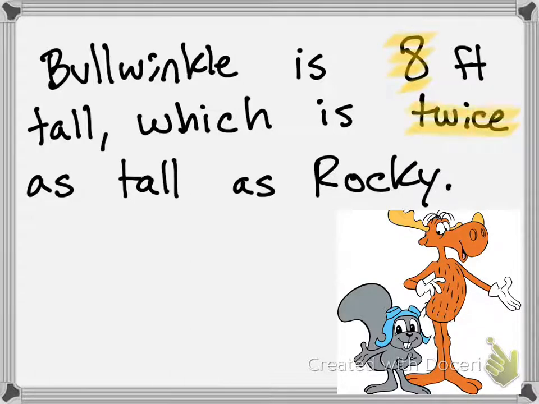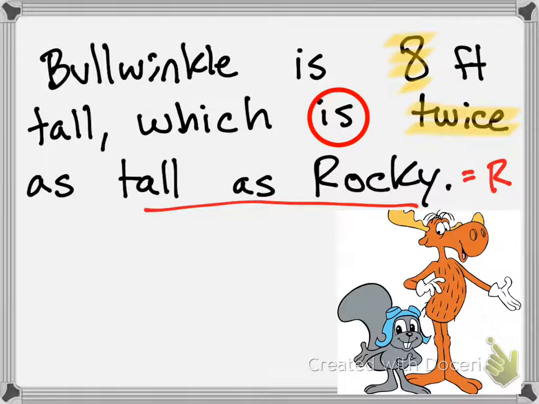Perfect. We see that word twice. Now, what is our variable? What is our unknown? Rocco. Yes. So that is our unknown. So we have that. 8 feet. What does this word is mean? We see this word is a lot in math. What does that mean?